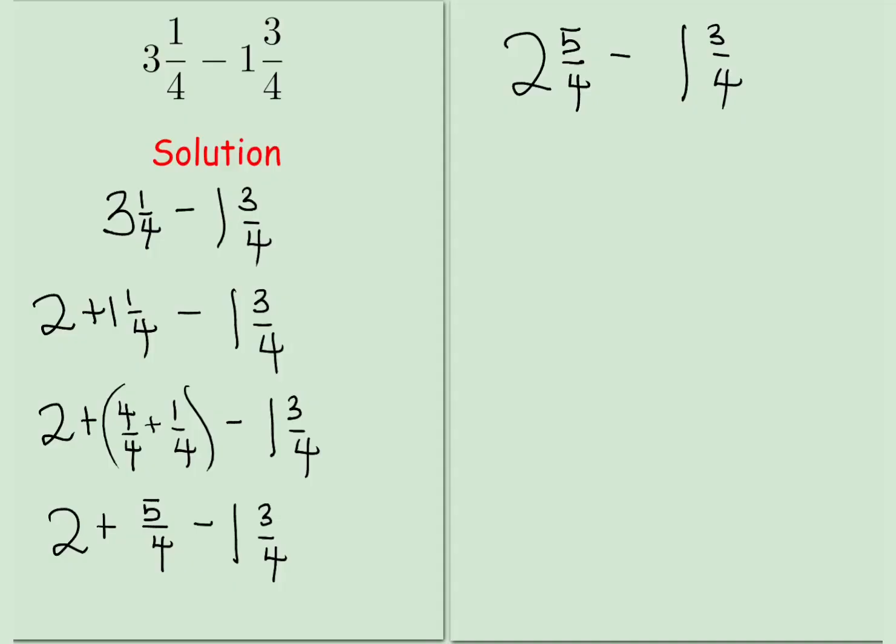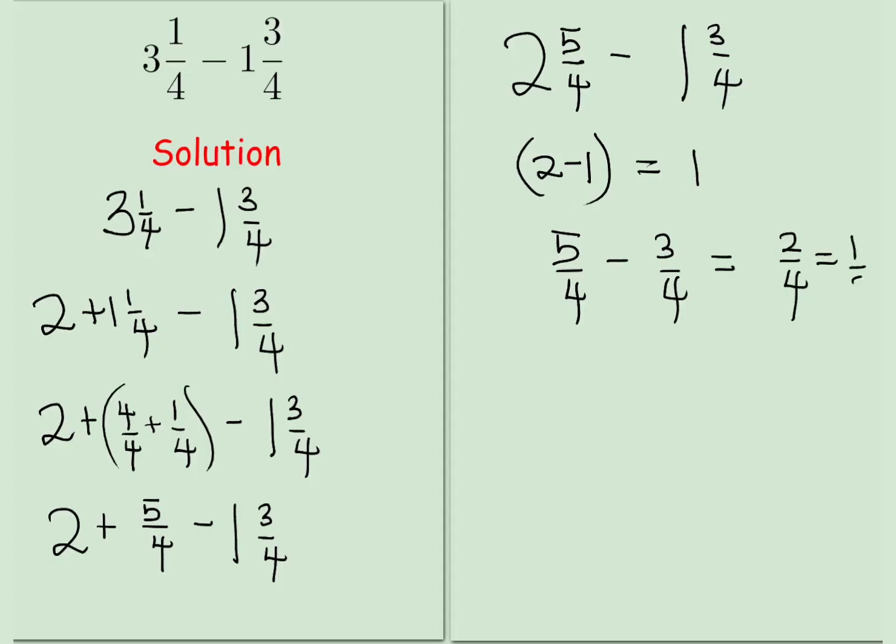With this, you can simplify and say you have 2 minus 1 for your whole numbers, which gives you a 1. Then the 5/4 minus 3/4. They are like fractions, so they will give you your 2/4. In other words, 1/2. Right? So it simply implies that you have your one whole number, then 1/2.